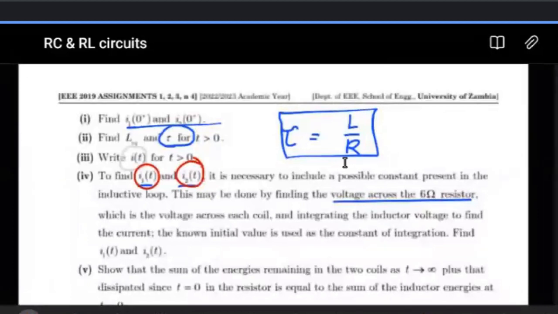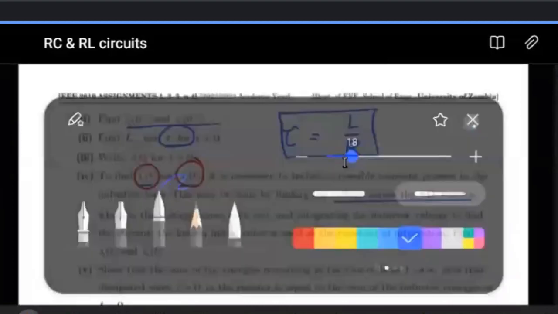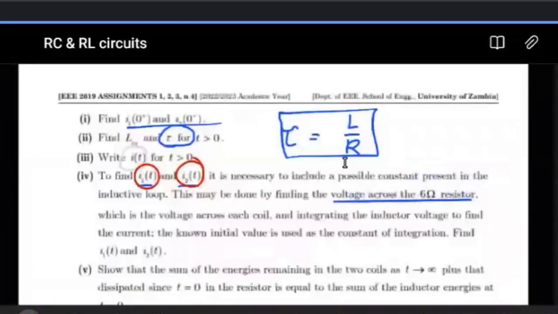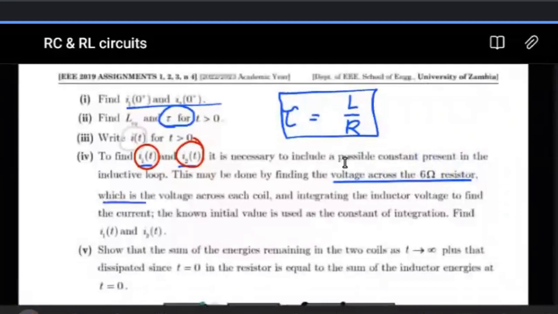But how do we use those voltage values to find I1 and I2? Using their statement, they're saying first find the voltage across the 6 ohms, which is the voltage across each coil. They actually pointed it out for us. The voltage across the 6 ohms is also the voltage across each coil. Each coil here meant each inductor.